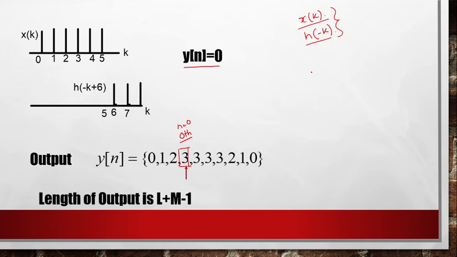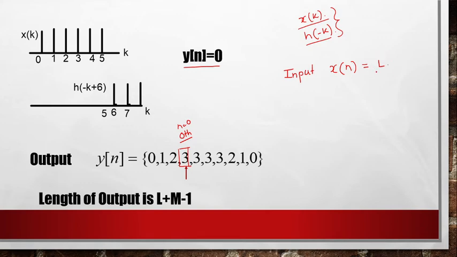What is that rule? Suppose my input signal x[n] has a length of L, that is, the number of sequence values present is the length of the signal.